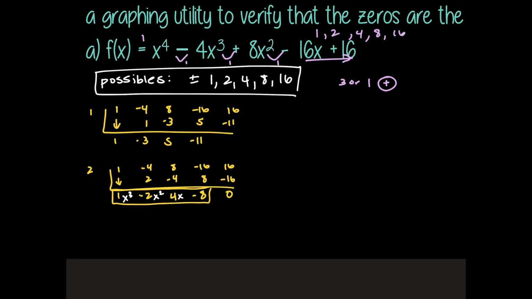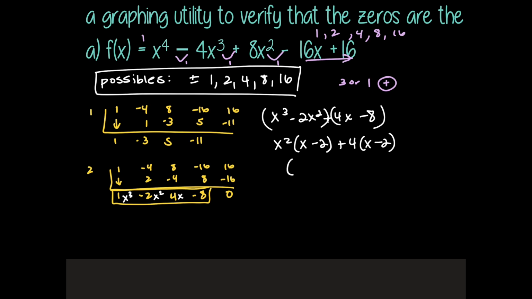And it's not quadratic, but let's see if this is factorable by grouping. So from the first set, I can take out the x squared, and I get x minus 2. Second, I can take out the 4, and I get x minus 2. X minus 2, x squared plus 4 are my remaining factors. They're not linear, but they are the factors.